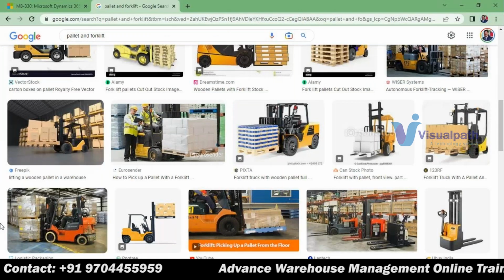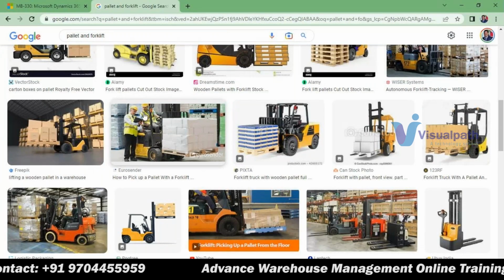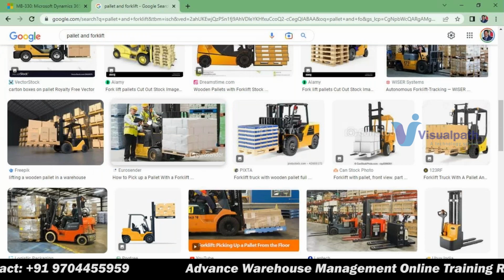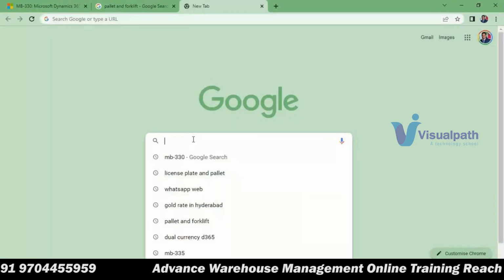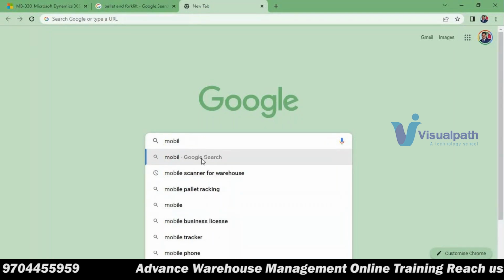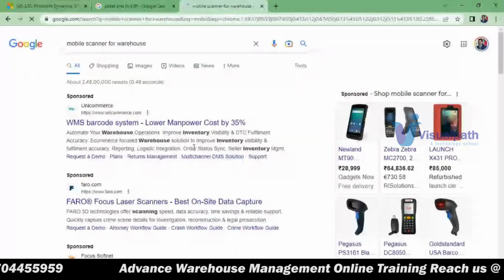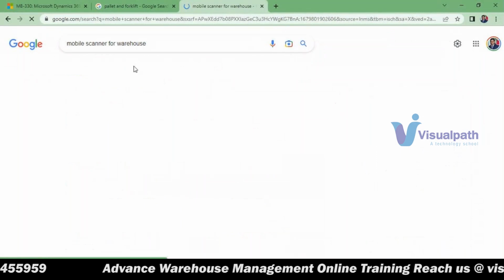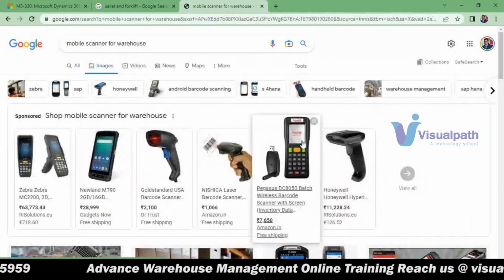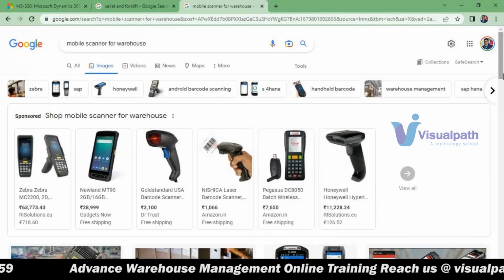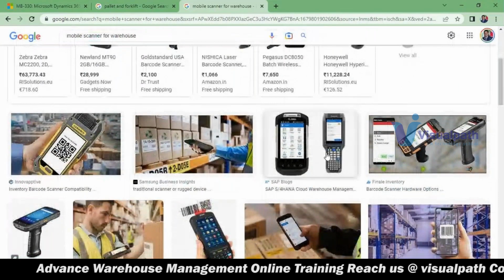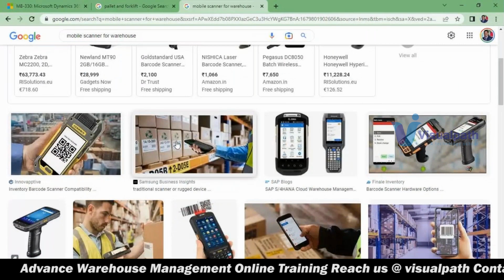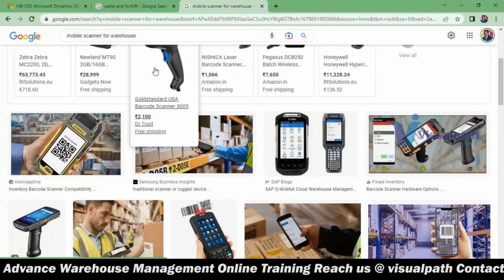These people don't have any software knowledge. So for them, we will give a mobile device. They will have scanners with their credentials. They will scan the material, and they will move the material from one place to another place.